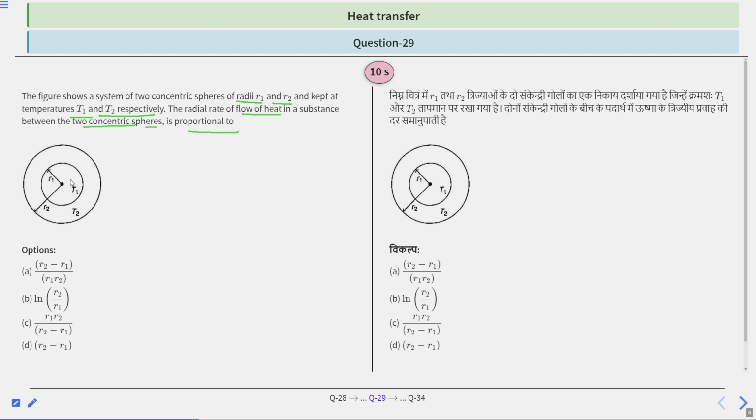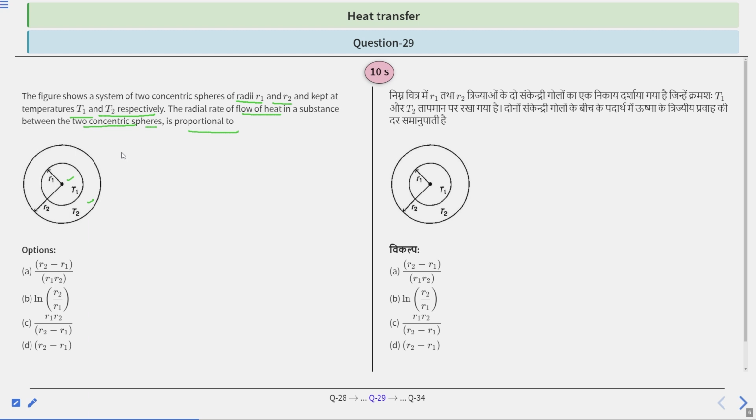Clear? So there are two concentric spheres. The first sphere has radius R1 and the second has radius R2, and their temperatures are T1 for the first sphere and T2 for the second sphere.